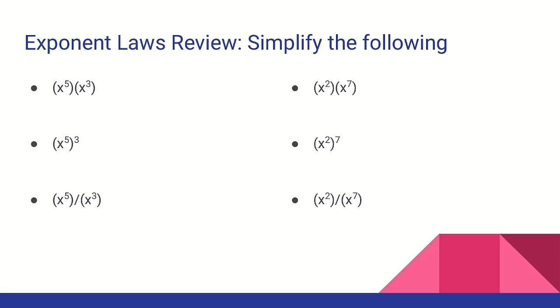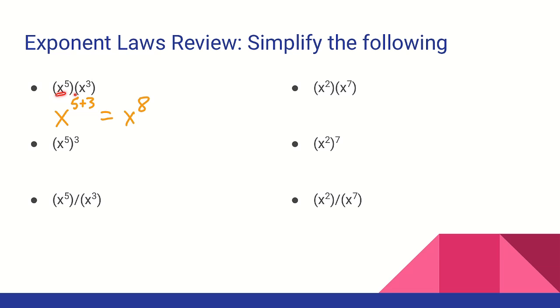If you're watching this video at home, have a look at these, maybe pause the video and try to remember what the answers are going to be here, and then I'll go through them. So when you're multiplying the same base x to some exponents, 5 and 3 here, you can rewrite this as x to the 5 plus 3, or x to the 8th power.